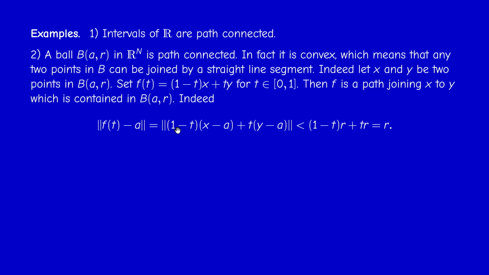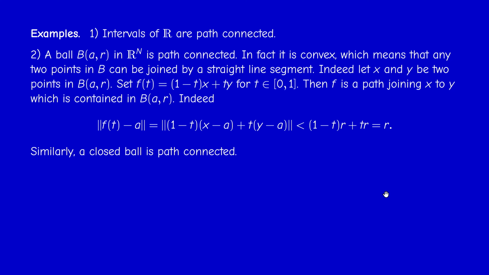And by homogeneity, I can put the scalar outside. So I get 1 minus t, which is positive, times the norm of x minus a. And since x is in B(a, r), then the distance between x and a is less than r. And since y is in B(a, r), we get norm of y minus a is less than r strictly. So the sum is strictly less than (1 minus t)r plus tr, and this is just r. So f of t is a path in the ball. Okay. So the ball is convex and therefore path connected.